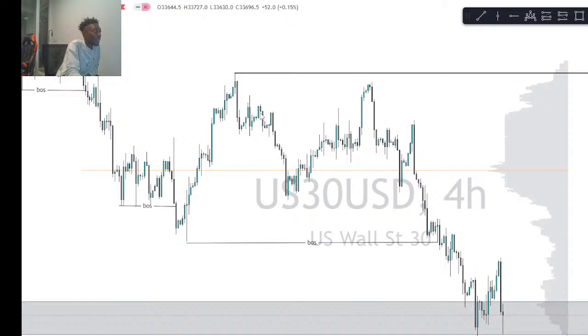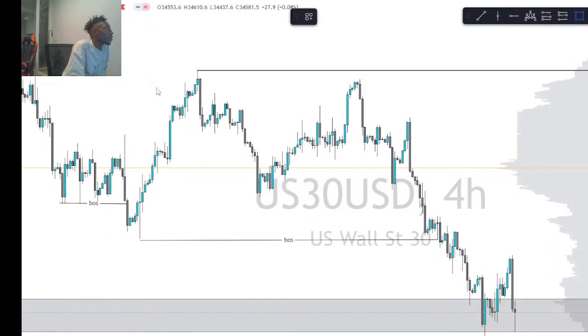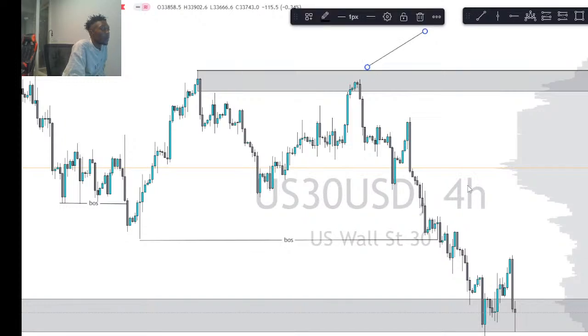Where the market gave us a high, there is a last bullish candlestick before the drop, a supply zone. When we mark the supply zone, we can see clearly that it was tested, here where I'm pointing the arrow.